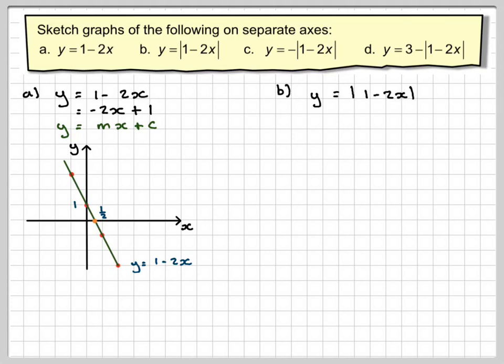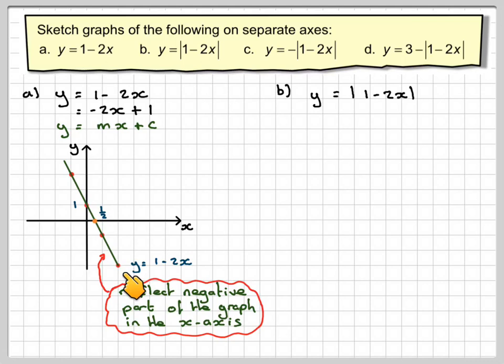For part B, we've got to do y is the absolute value of 1 minus 2x. So to do that, if we take this graph and just reflect the bit below the x-axis, i.e. the negative part of the graph, in the x-axis, then that will give me that graph. So this is why this point is important, a half.